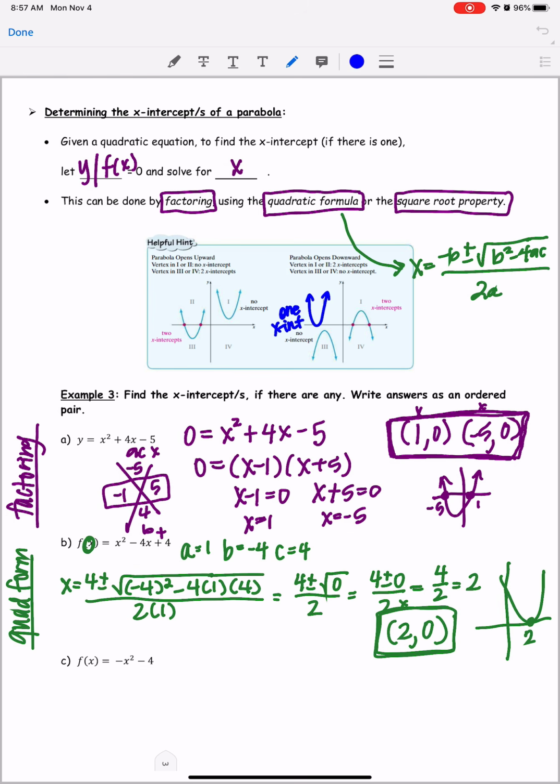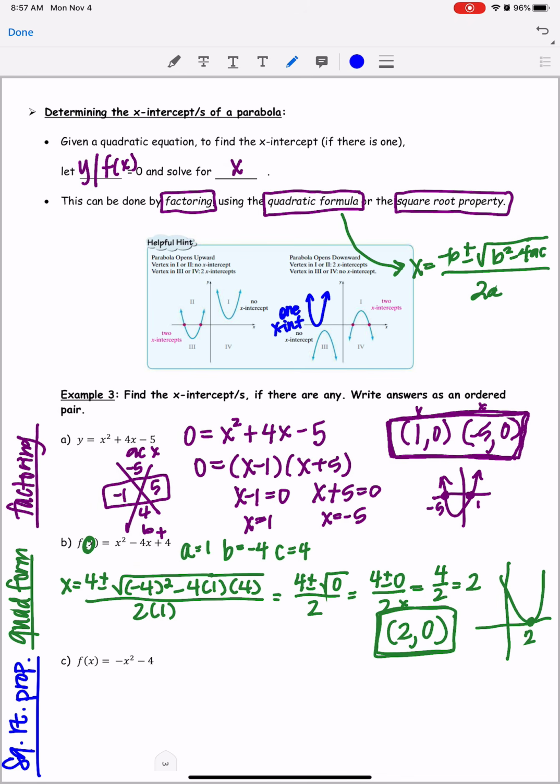And then our last one here on C, we're going to solve this one by our third method, which is the square root property. Now, this is the only one I can solve by the square root property because it is missing its b term.